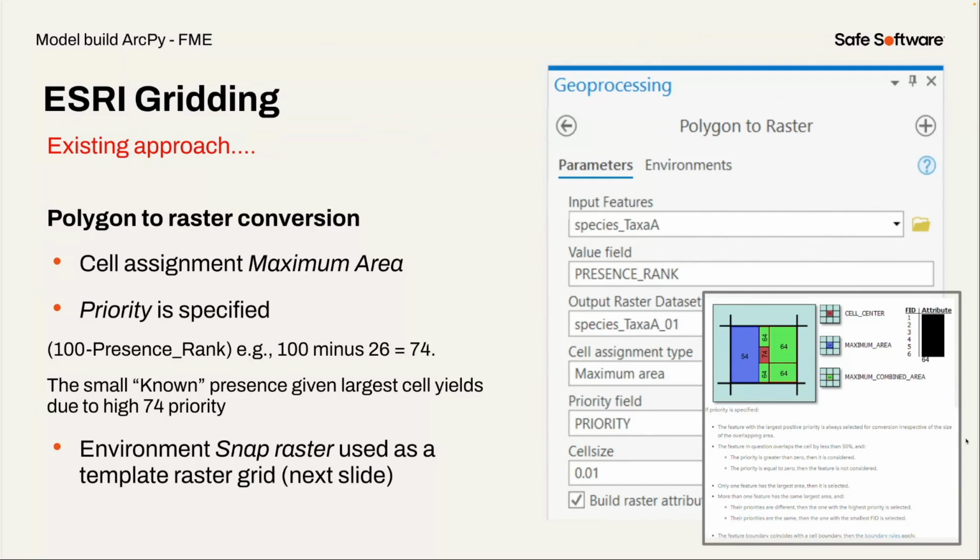So they yield the highest result by simply inverting the priority, which gave us a higher weight. And this geoprocessing tool also has the ability in the environments to reference a snap raster. A snap raster is just a known grid, be it the 1 kilometre or 10 kilometre. And it efficiently uses that grid to create the raster output just for that area.